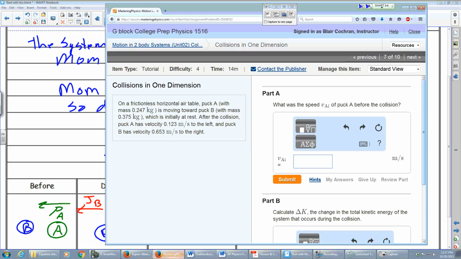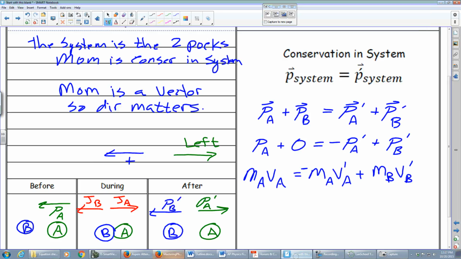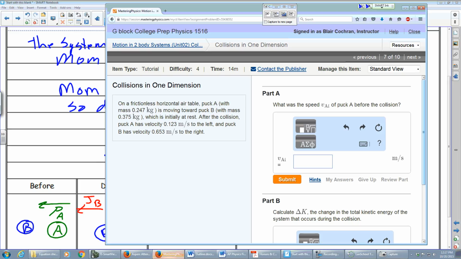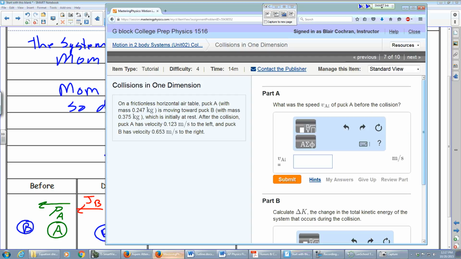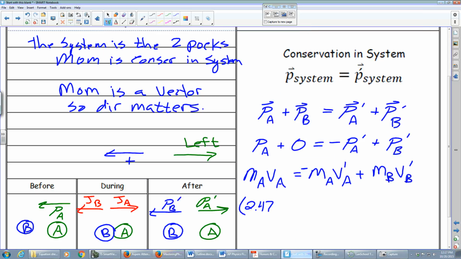I want the speed of A before. So my mass of A is 0.247 and mass B is 0.375. So I can start to fill those in. I remember them. 2.47. Or is it 0.247? 0.247.